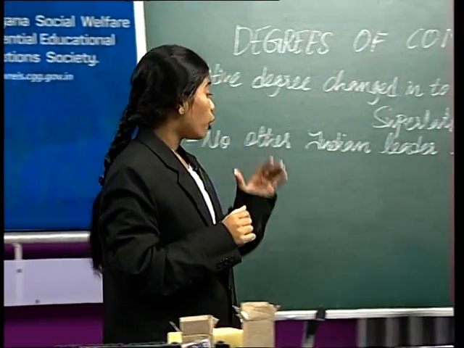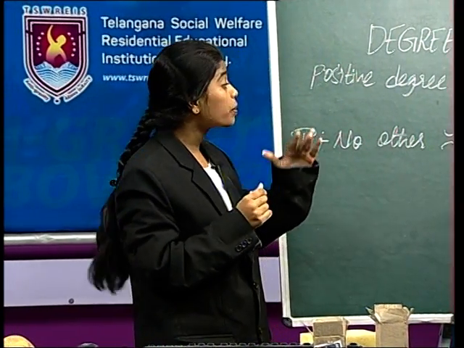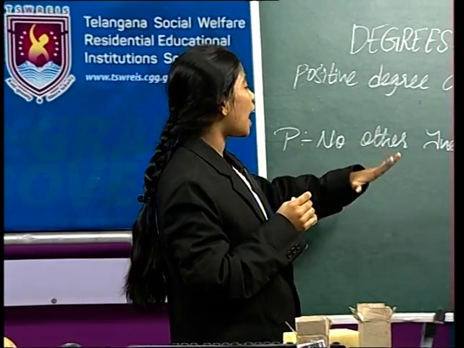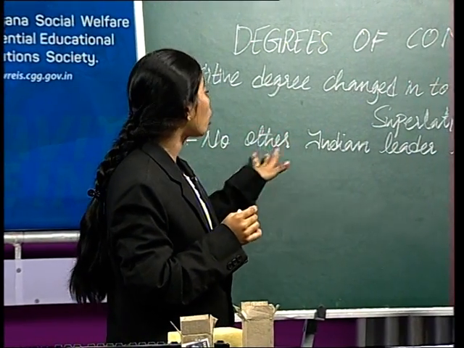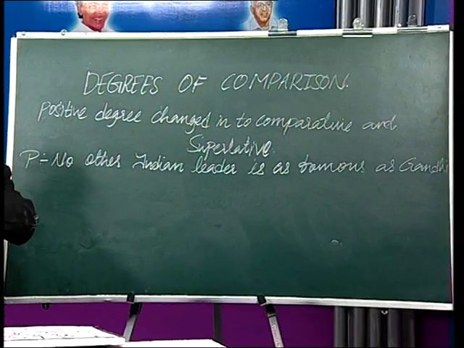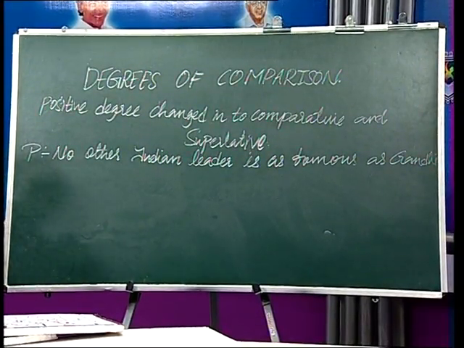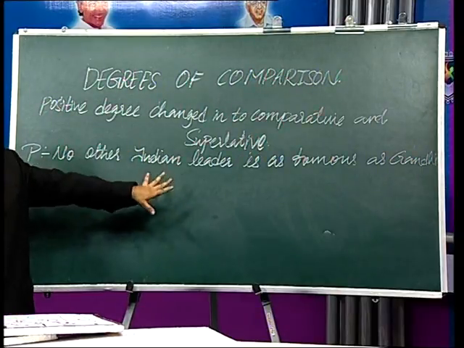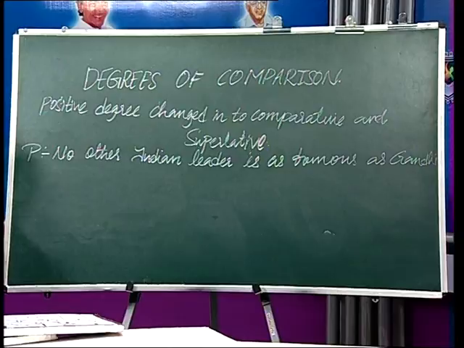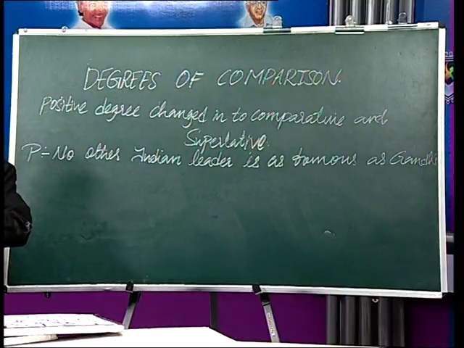Okay friends, what is this? This is a positive form describing that no other Indian leader is as famous as Gandhi. So this is a positive form. We have to remember one thing, friends: when no other or as takes place in the sentence, we have to believe it is the positive form of the adjective, because no other and as are present in the sentence.